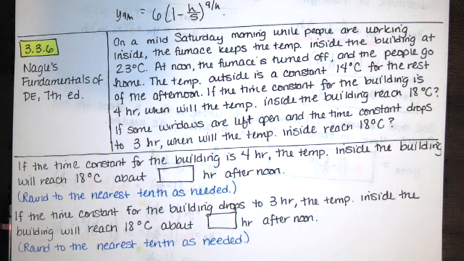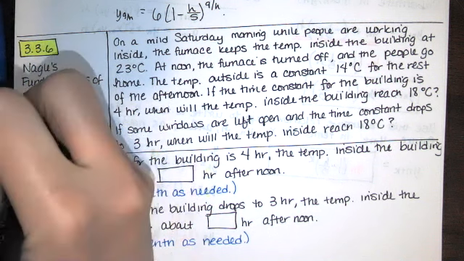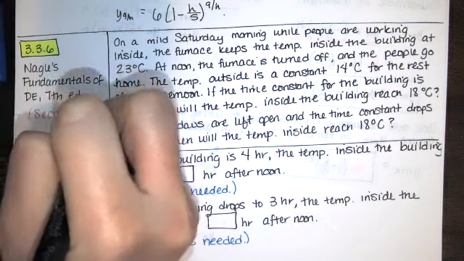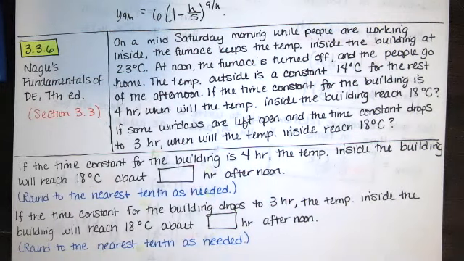Now, if you're like me, you're probably wondering, what is a time constant for a building? This is discussed in section 3.3 of the Nagle Fundamentals of Differential Equations textbook, where they're talking about heating and cooling buildings. But basically, we are applying Newton's law of cooling here.